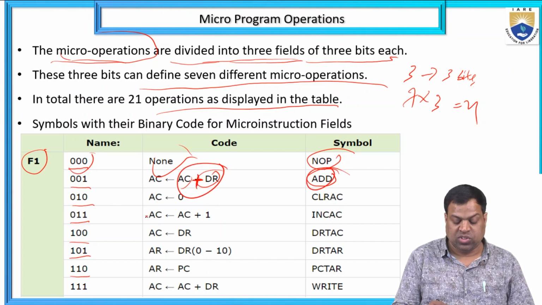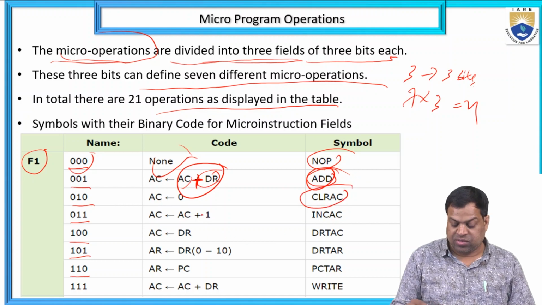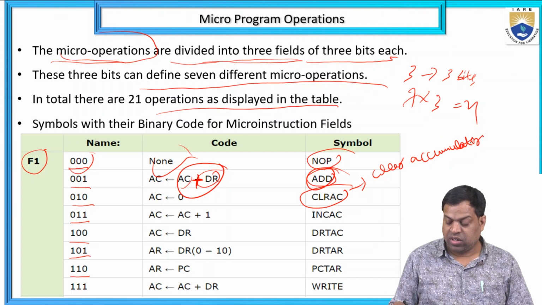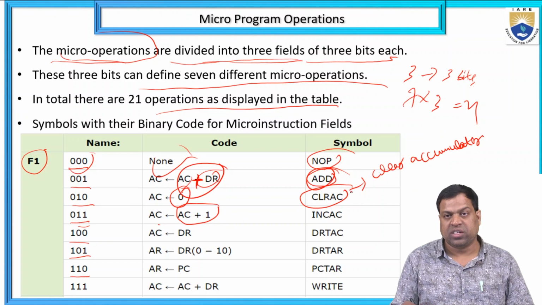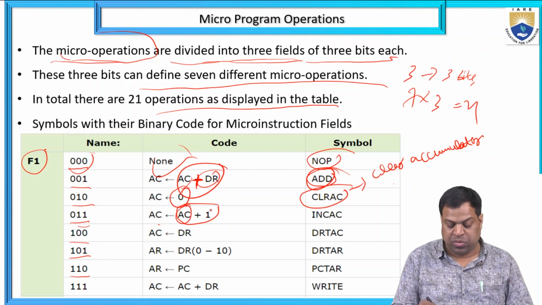Here 010, that is accumulator to 0. Accumulator to 0 means it is a clear operation: clear accumulator. Next 011, AC to AC plus 1. Here the accumulator is 0, that is clear accumulator. Here AC plus 1, accumulator plus 1.